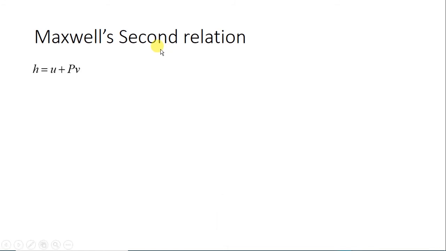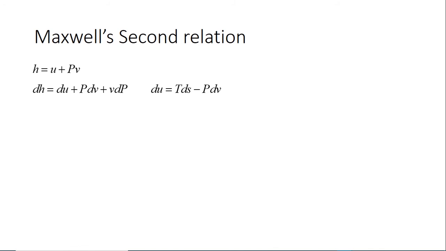So we will consider the definition of specific enthalpy. What is specific enthalpy? u plus P into specific volume. This u is also specific internal energy. So h is equal to u plus Pv. Differentiate this equation. What will you get? dh is equal to du, and when you differentiate Pv, what you get is PdV plus VdP.